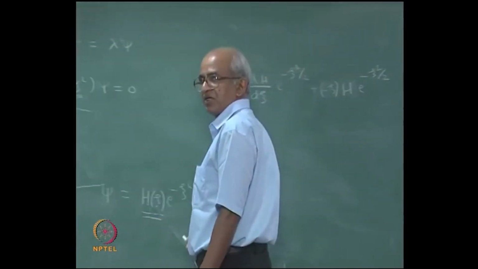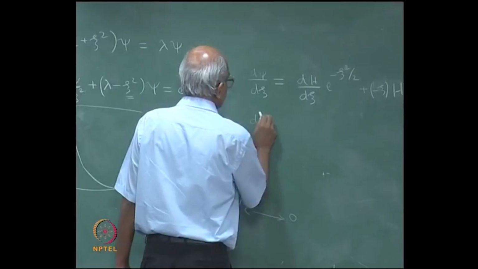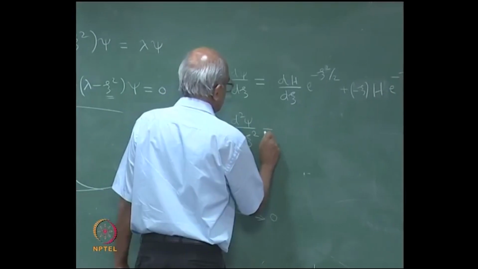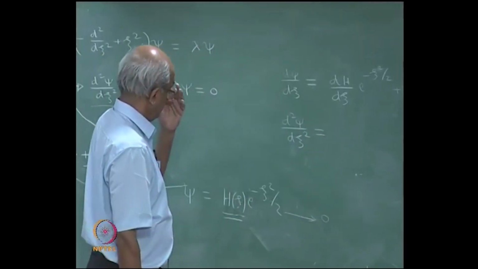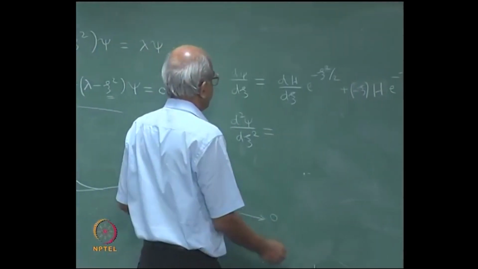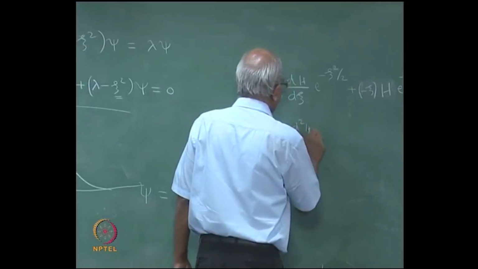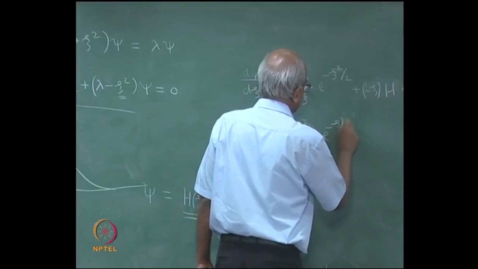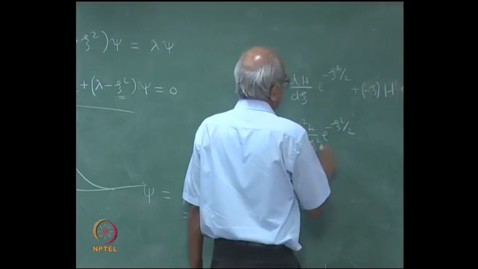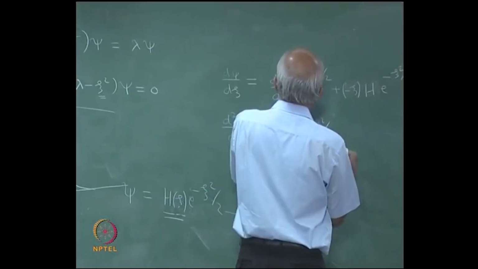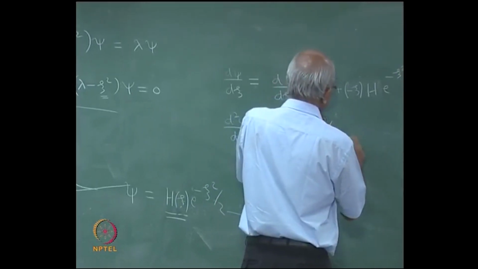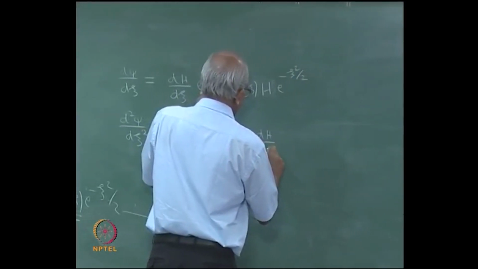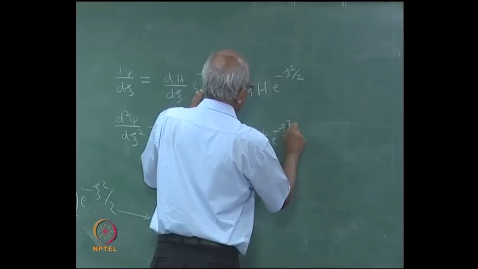How about the second derivative? Well, let me just go ahead and differentiate. I will get d square h by dc square e to the power of minus c square by 2. Then if you carry out the differentiation, you have to differentiate this, that will give me a minus c dh by dc e to the power of minus c square by 2.